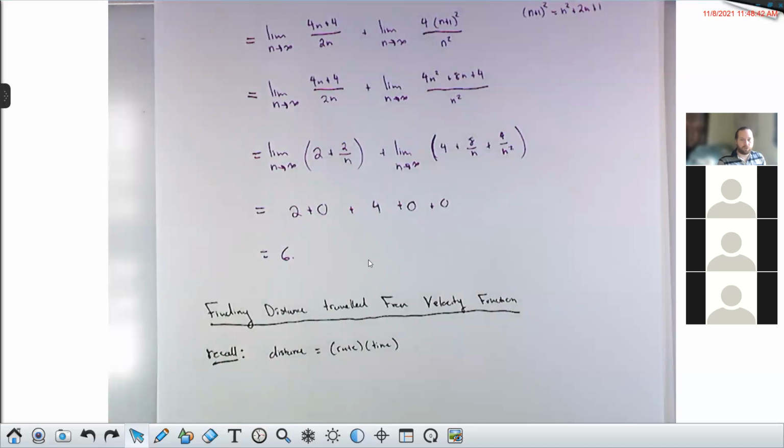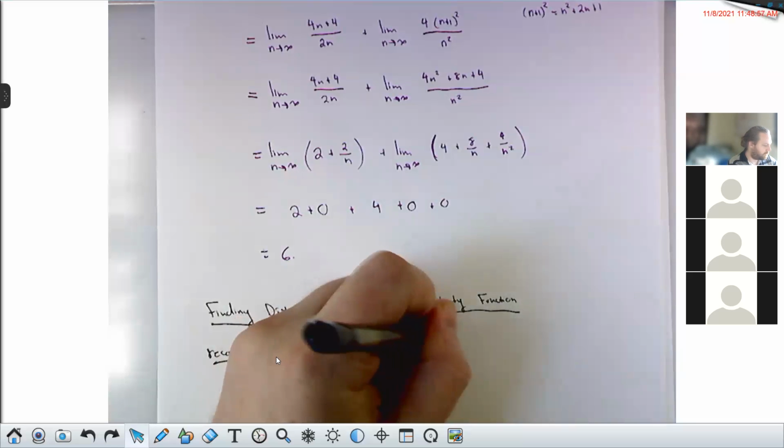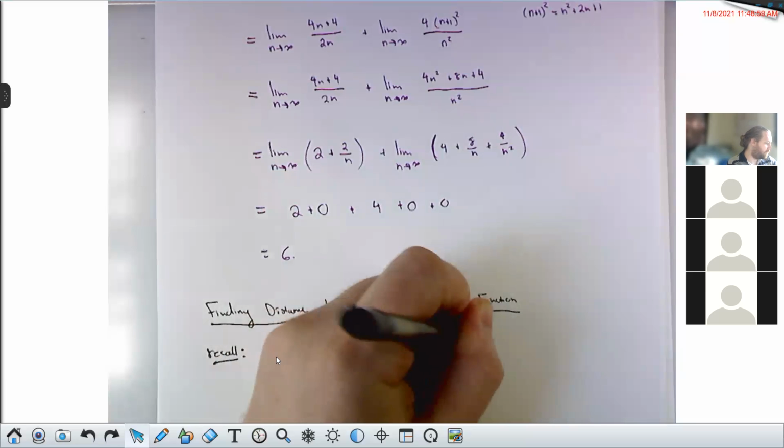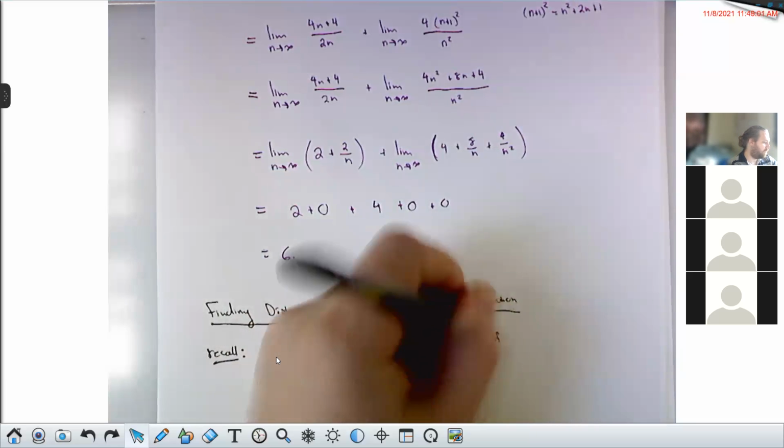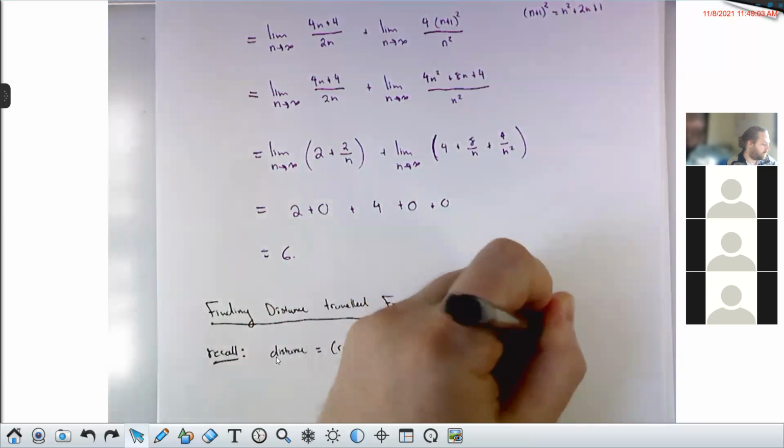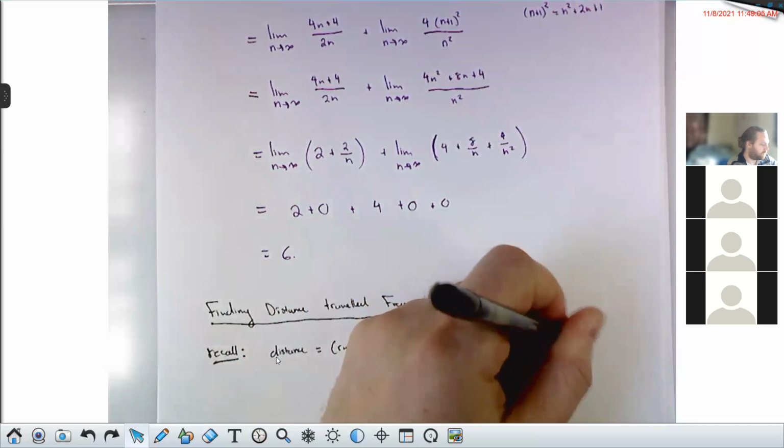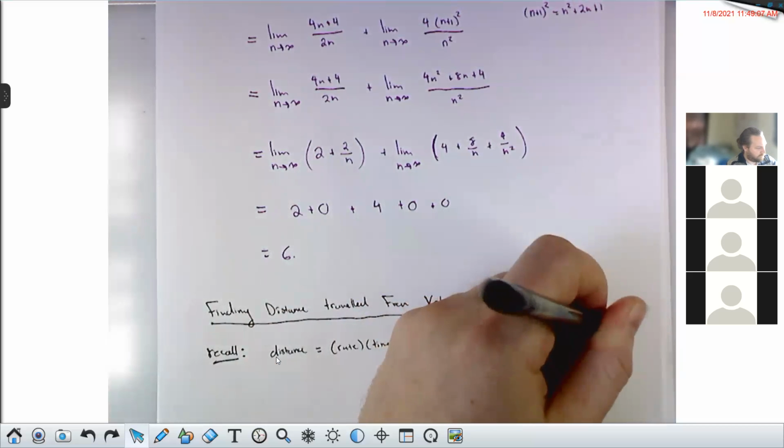So you can reconstruct from the information of how fast you're going and for how long you went that speed, the distance you traveled. The fun thing is, what if your velocity isn't constant? This works great if your velocity is constant.